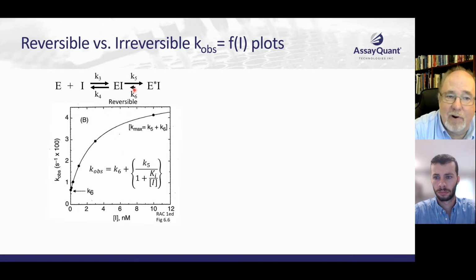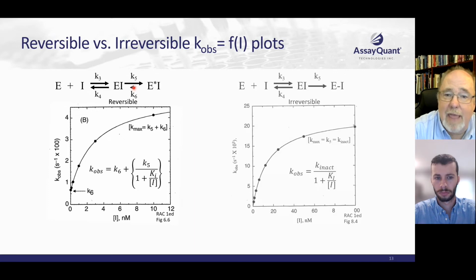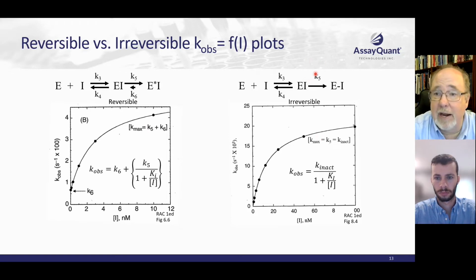If K6 is 0, okay, and that means you have an irreversible inhibitor, then it goes through the origin here. And if K6 is 0, then the upper asymptote is just K5, just K5. And we have a special name for that rate constant there. That's the inactivation rate constant.